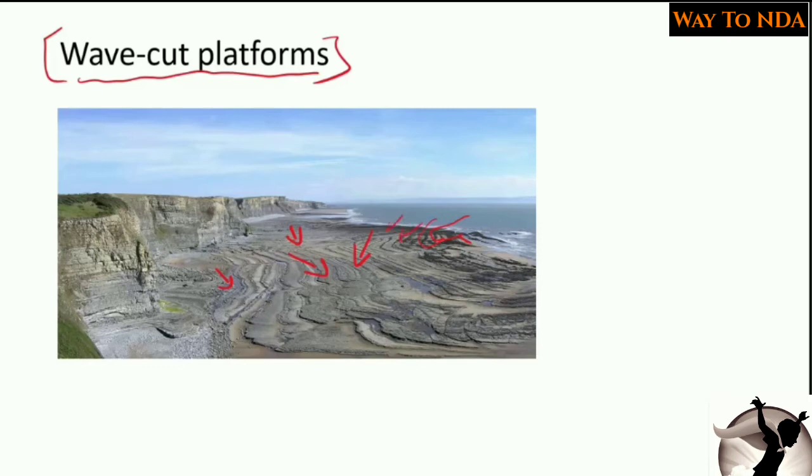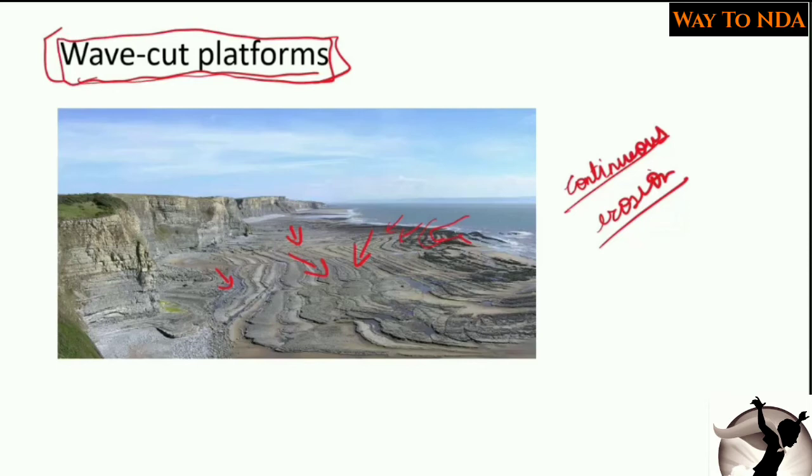It kept on moving inside, and continuous erosion was going on, and due to this continuous erosion the coastline receded, and these wave cut platforms are formed. You will find these wave cut platforms on the coastlines, and mainly they are made up of hard rocks, formed due to the action of the waves on the coastline. So these are the wave cut platforms.